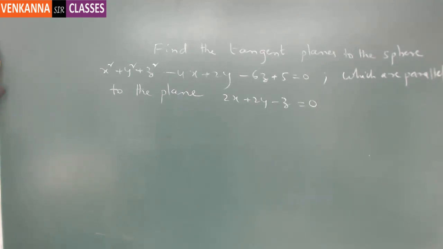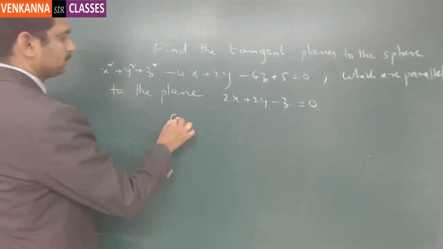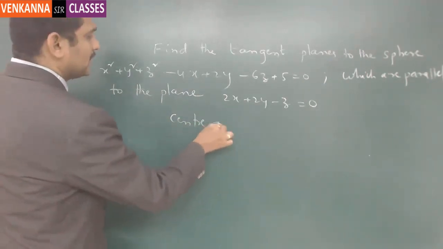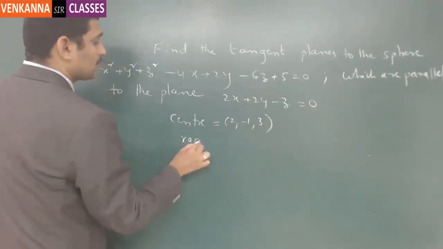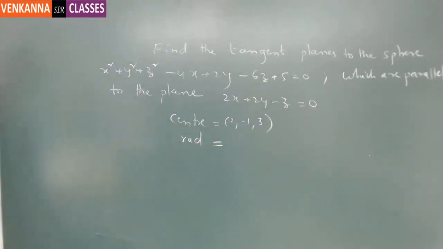Right. Now, first of all, let us calculate the center and radius of the sphere. Center is nothing but 2, minus 1, 3. And if you calculate the radius, it will be 3.